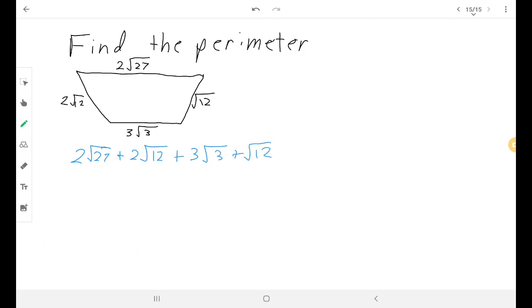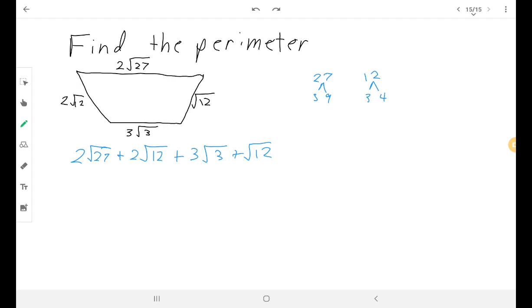Well, let's see if we can get something common out of these numbers in the roots. So let's break down 27. It's 3 times 9. 9 has a square root. I'll leave it that way. 12, that's 3 times 4, and 4 has a square root. And then 3, I don't need to break down because it's a prime number, only 3 times 1.